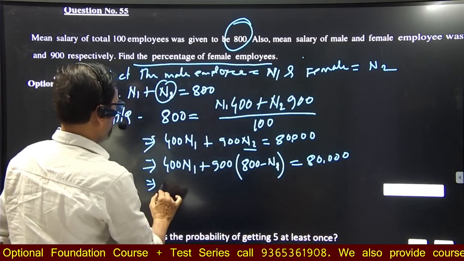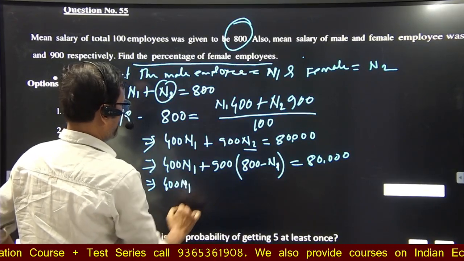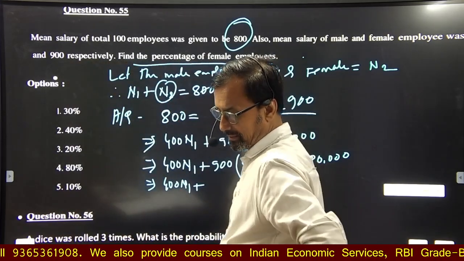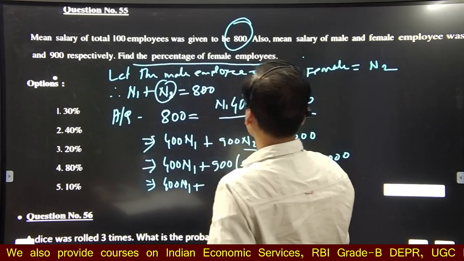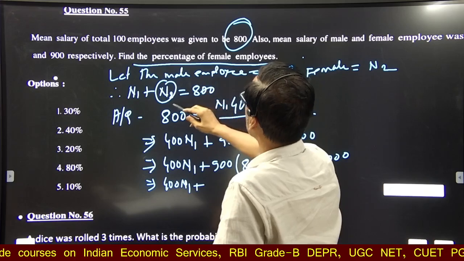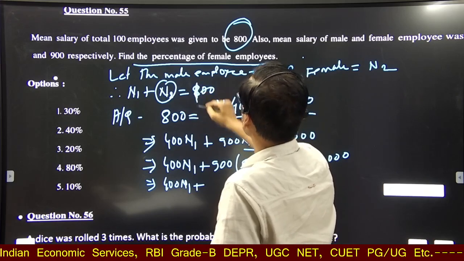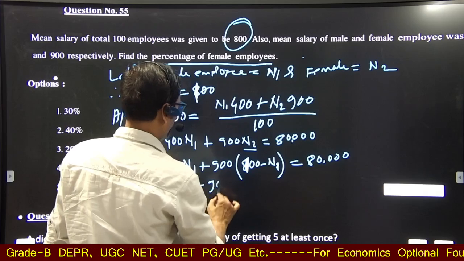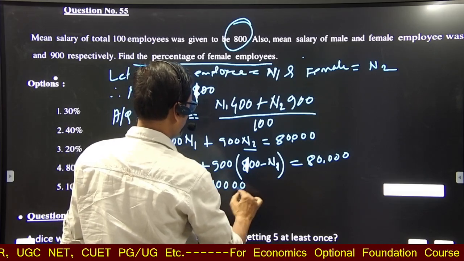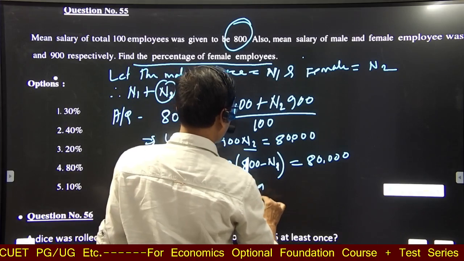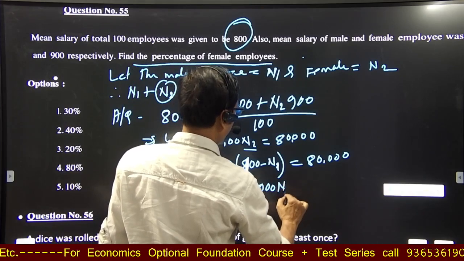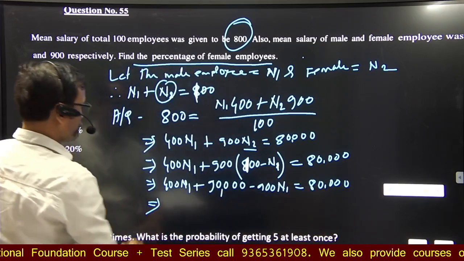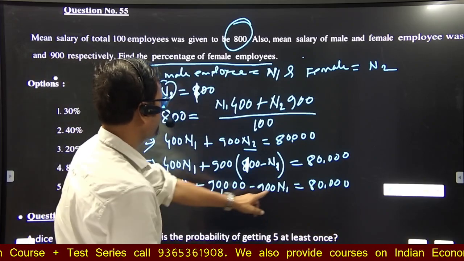So ultimately 400 N1 plus 90,000 minus 900 N1 is equal to 80,000.